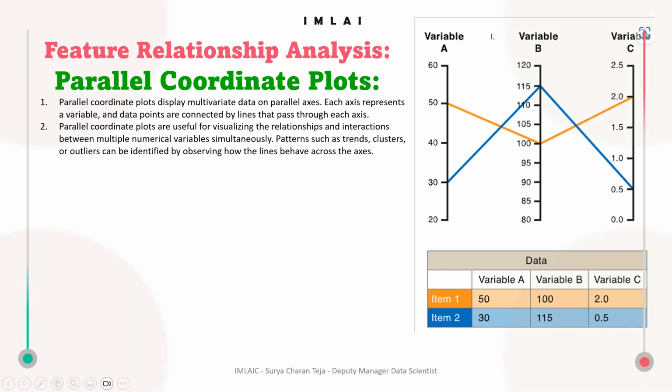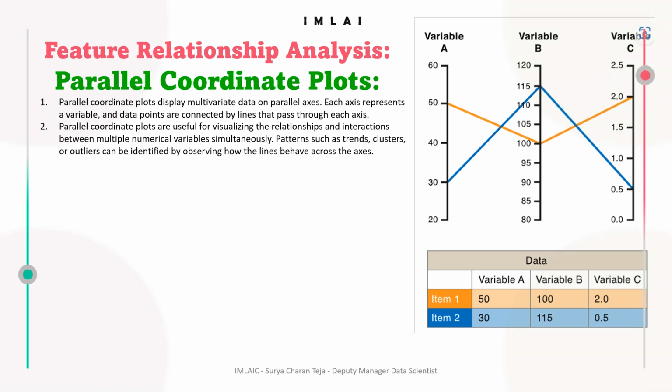So each line is a collection of points of each feature. And you see that line 1 has taken 50, 100 and 2.0, and line 2 has taken 30, 115 and 0.5. And this is what your parallel coordinate plot is.